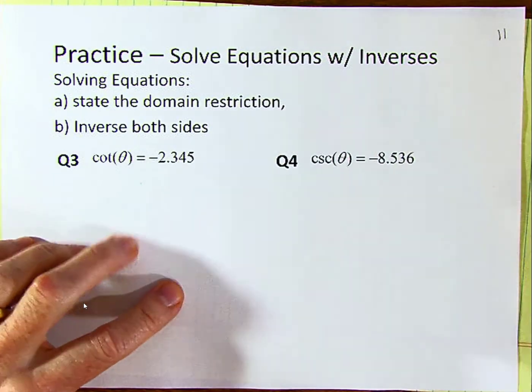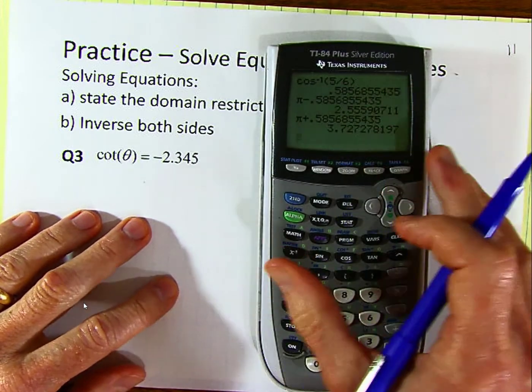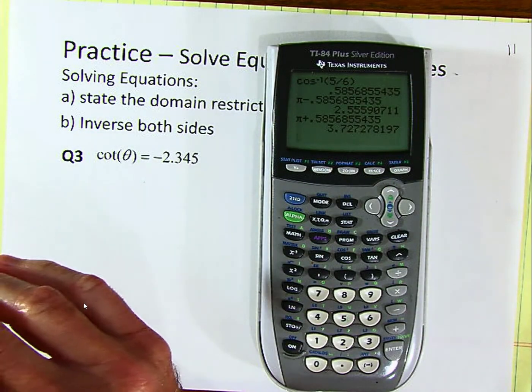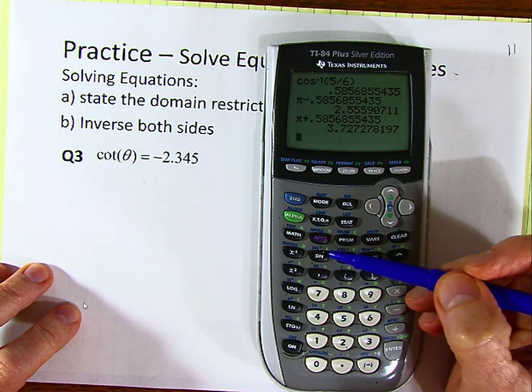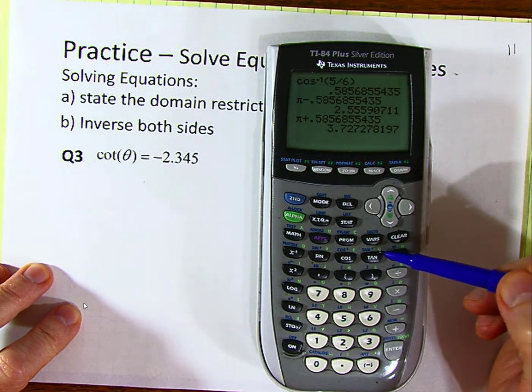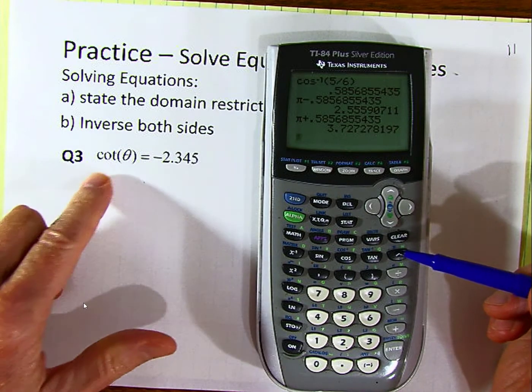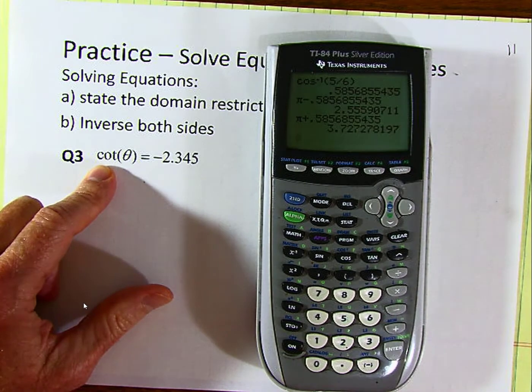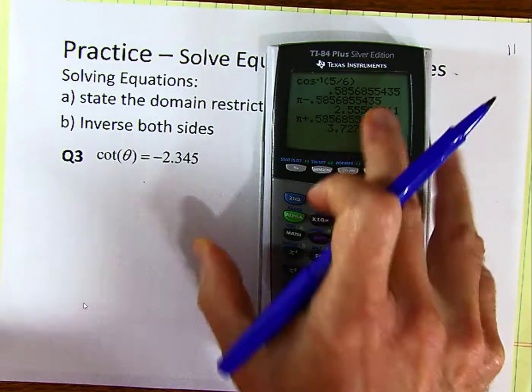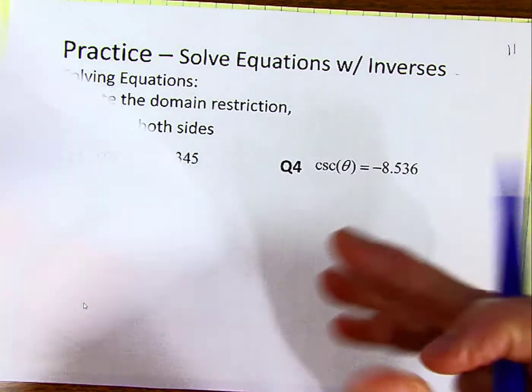Now, if you look at your calculator, beware. I have a sine inverse, a cosine inverse, a tan inverse. Can I reverse cotangent with the calculator? All right, here comes a curveball. This is a trick question.